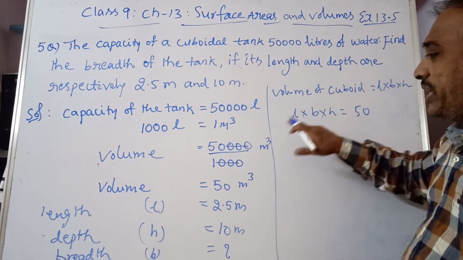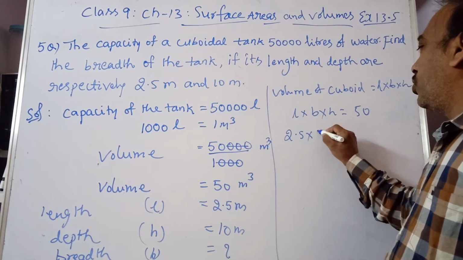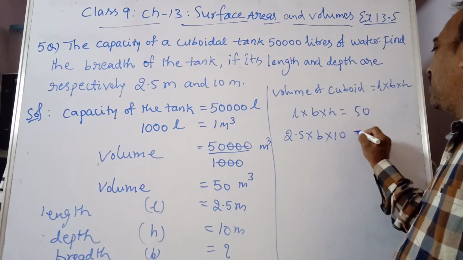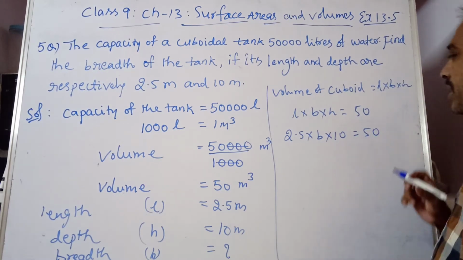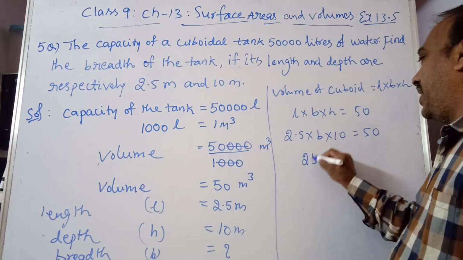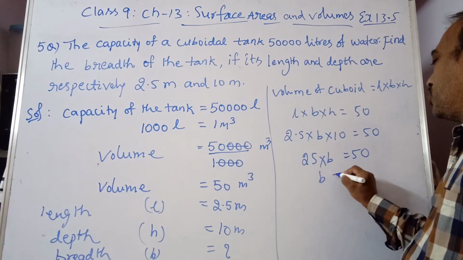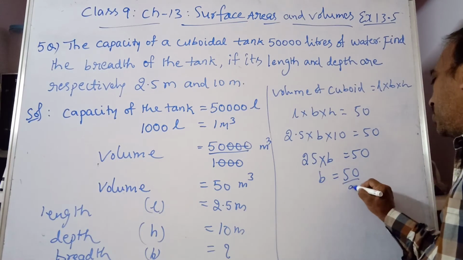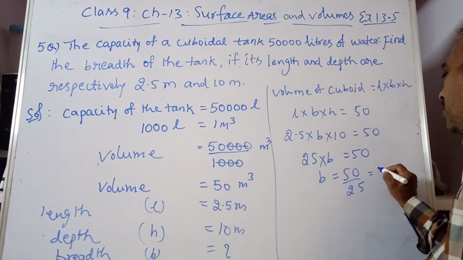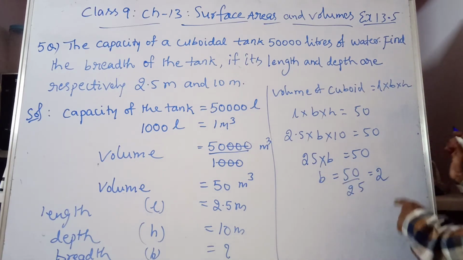L is length 2.5, breadth we don't know, and height is 10. 2.5 into 10 is 25, into B is equal to 50. Then transpose 25 to this side: B is 50 by 25, which is equal to 2. So what is the breadth? 2 meters.